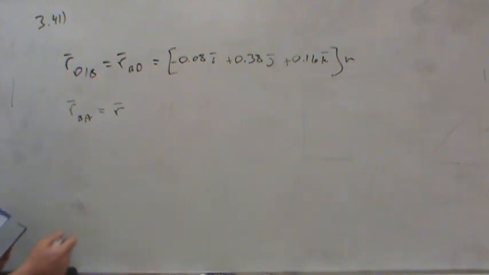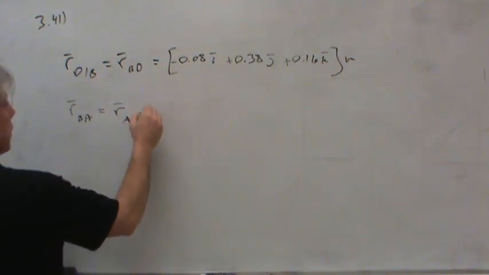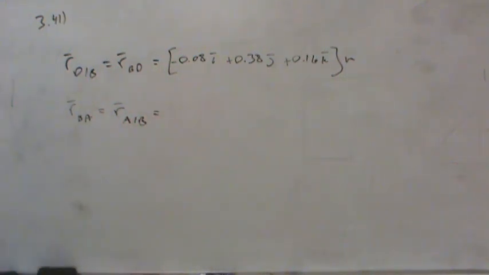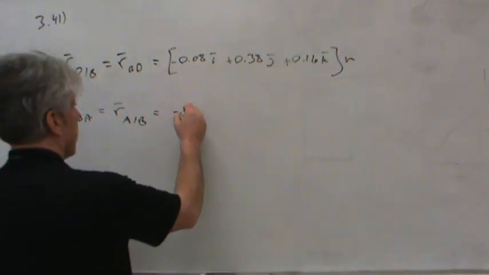A with respect to B, from B to A. Now the negative 3 meters, which axis is that on? It is negative 3 in the x direction, from B to A. Yes, negative 3 i.